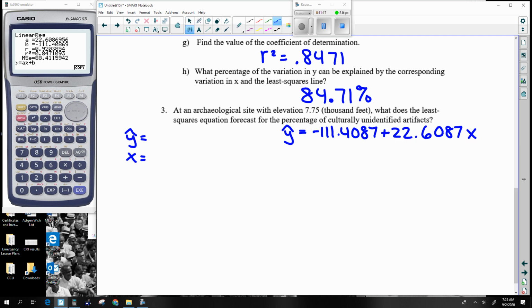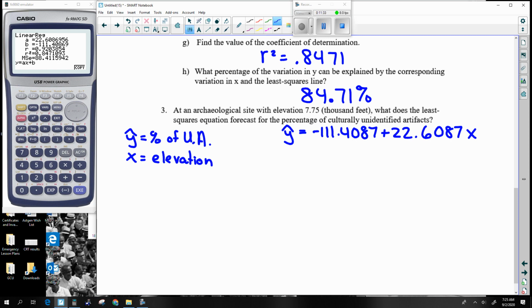Here we have the elevation for x, and this is the percentage of unidentified artifacts. I'll abbreviate it so I know what it is.